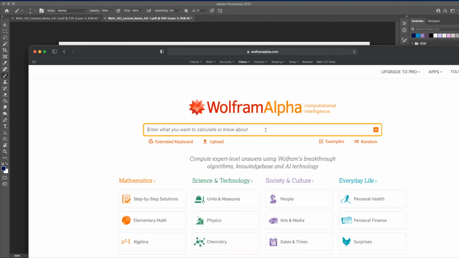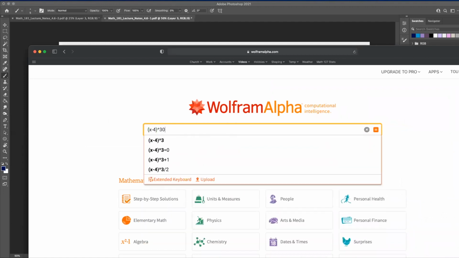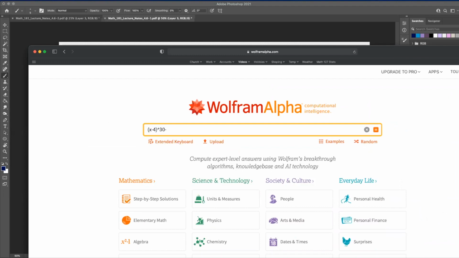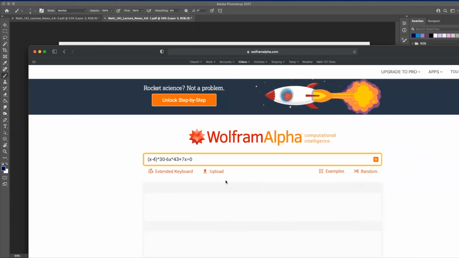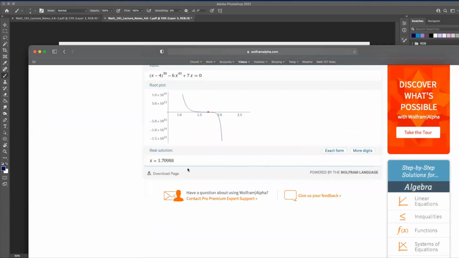If I type in, where is x minus 4 to the 30th minus 6x to the 43rd plus 7x equal to 0, right? This might be a bit ridiculous. There's the solution.